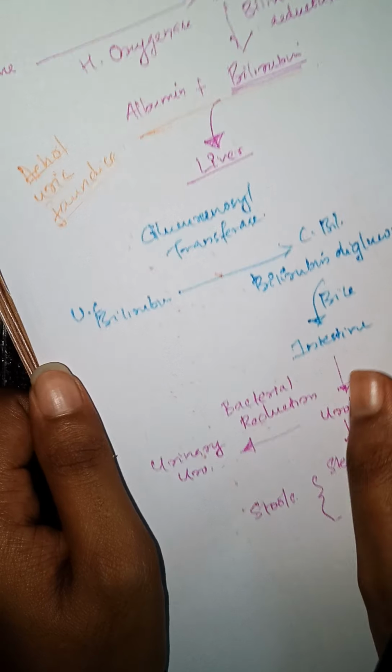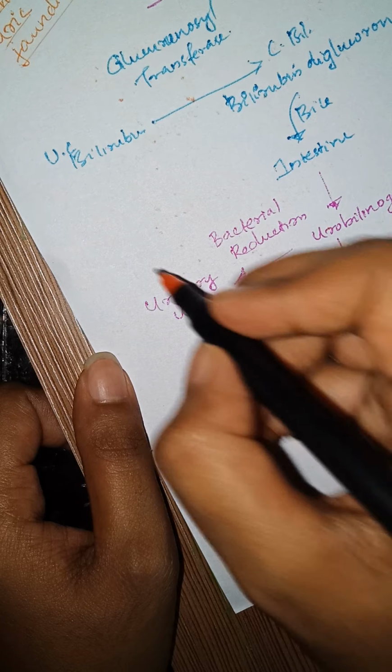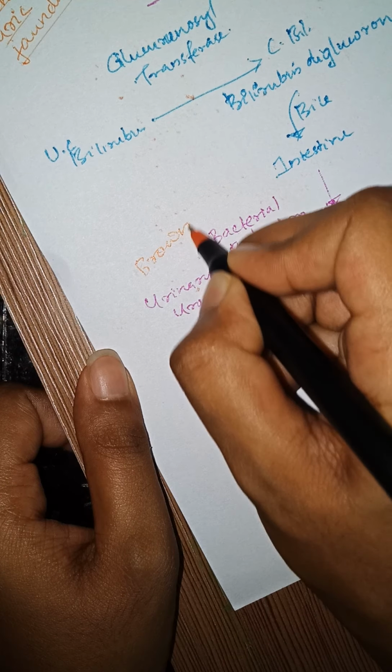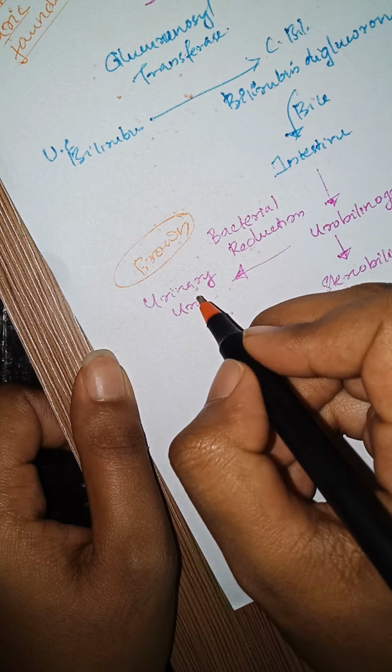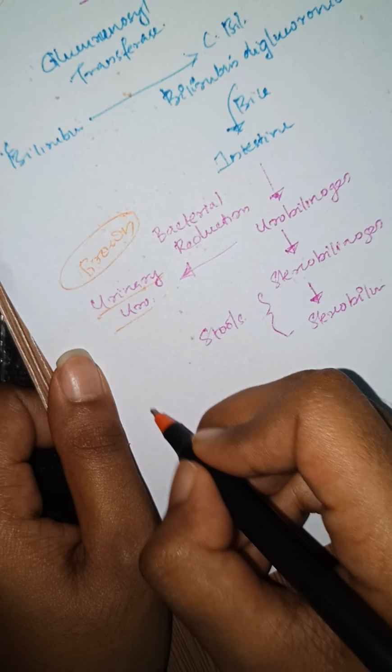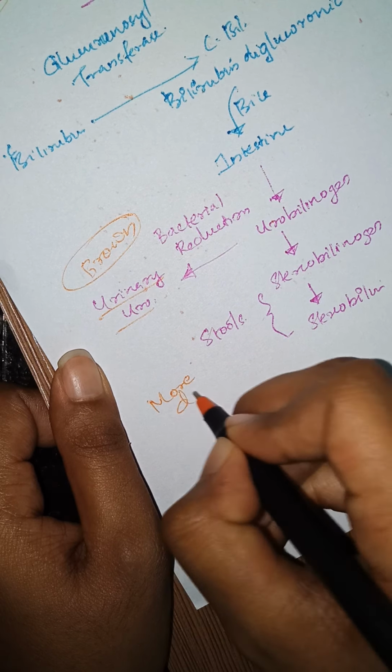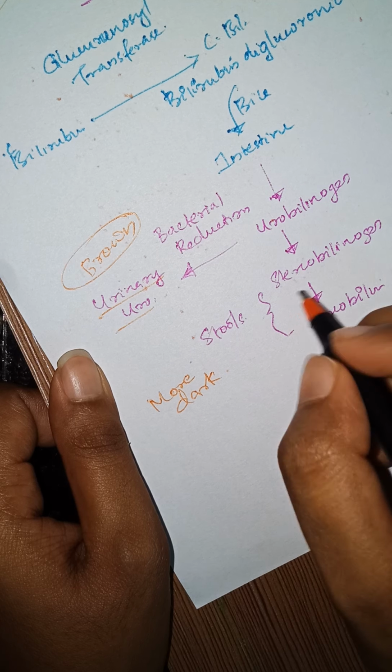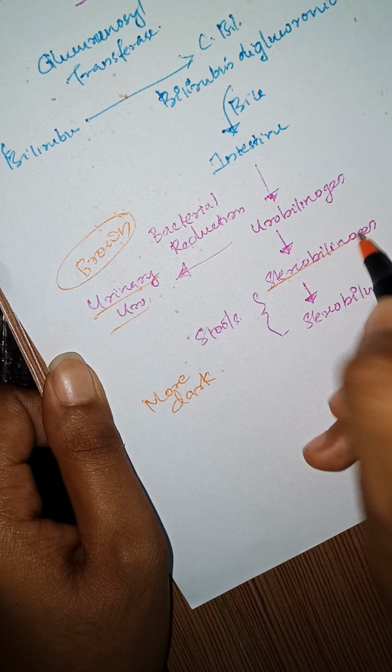Okay, now the difference is that the urine may become more brown in color. The urine becomes brown due to the presence of urinary urobilinogen, and the stool becomes darker due to the presence of fecal stercobilinogen.